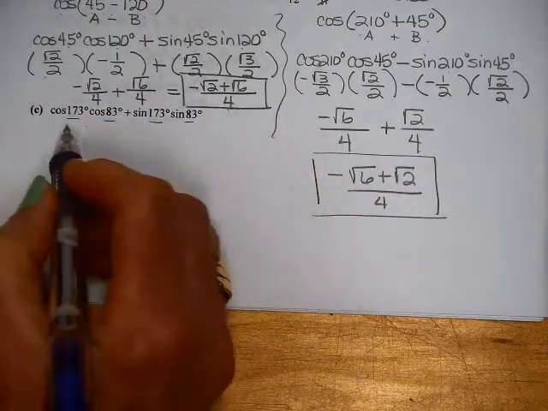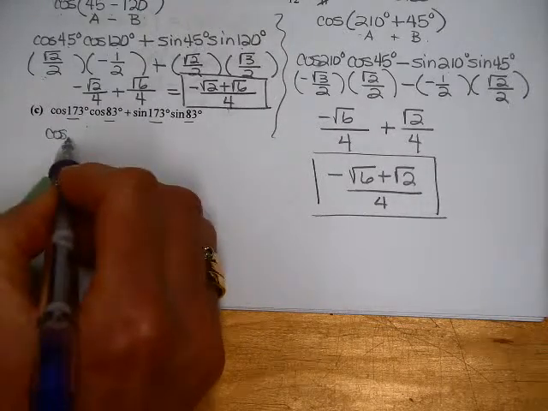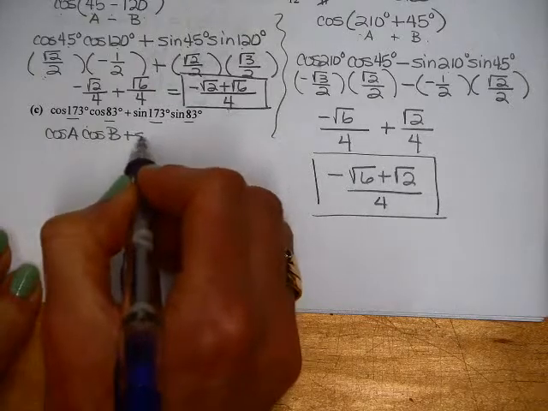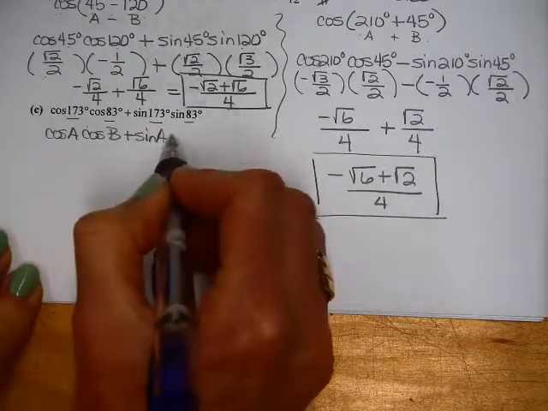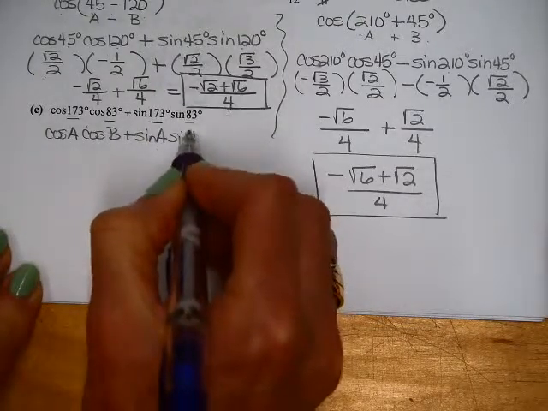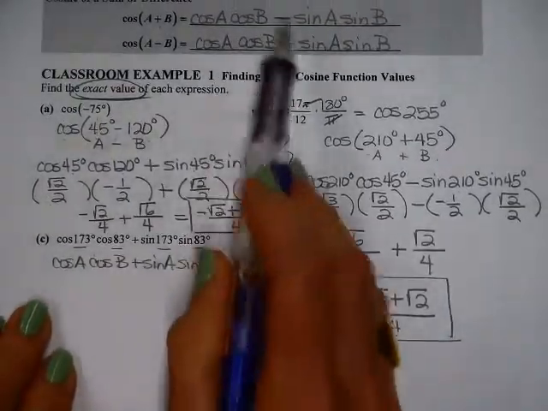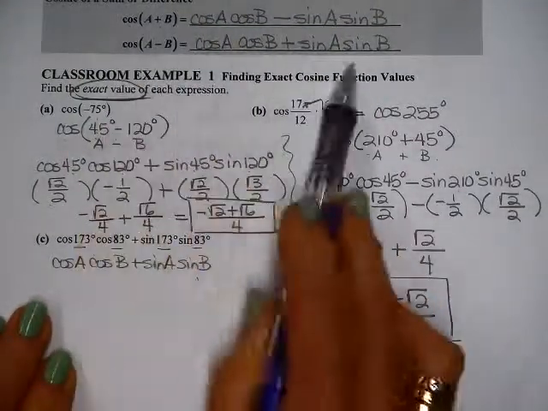So this is like the cosine of angle A times the cosine of angle B plus the sine of angle A times the sine of angle B. This is which one of those formulas already written out? It's the second one, right?